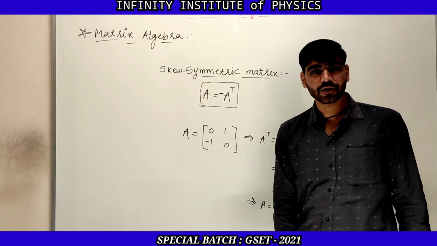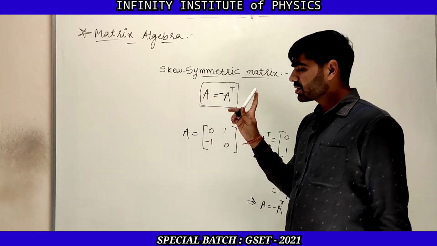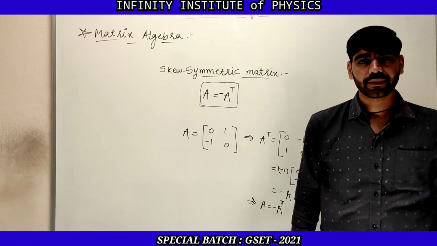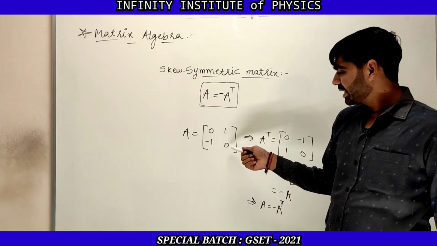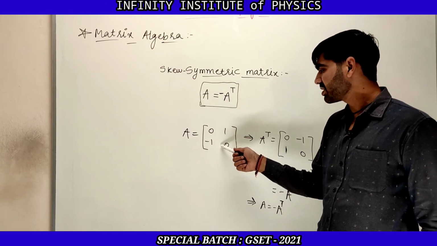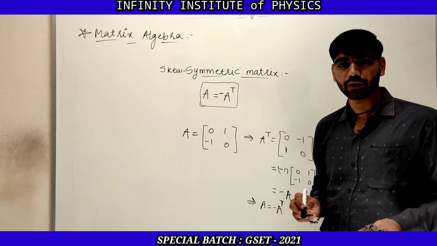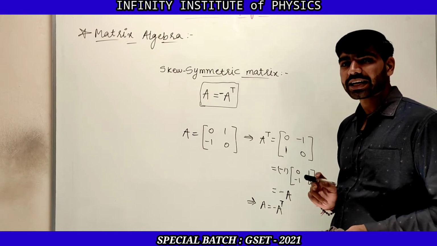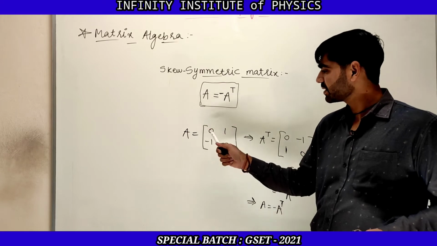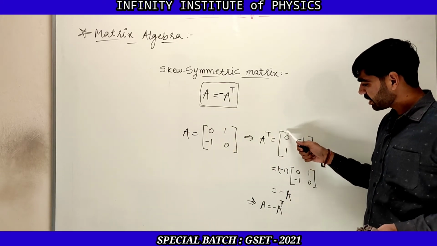And why is it 0? Because A is equal to minus A transpose, that means we need to take some minus common from each entry. So whenever we take that minus common, suppose if we have here a non-zero entry, then it will change to the negative of that given number, and that never gives us the given matrix. Suppose if we have here 1, and if we take A transpose, then here it will be 1.